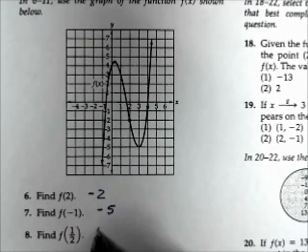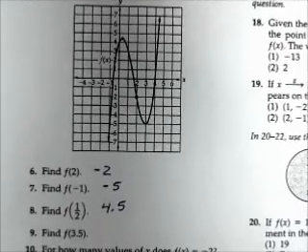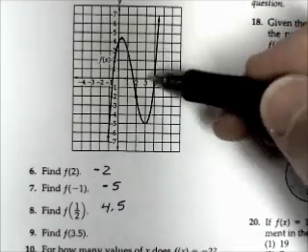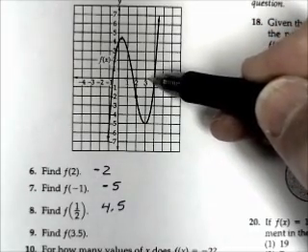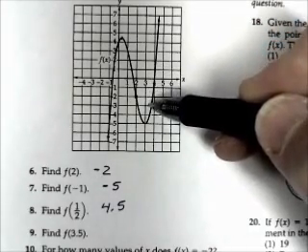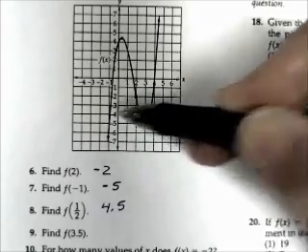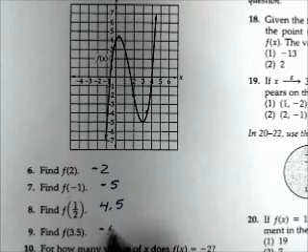I would say 4.5 would be the y value. And f of 3.5. So an x value of 3.5 looks to me like we're right here with a y value of negative 4.